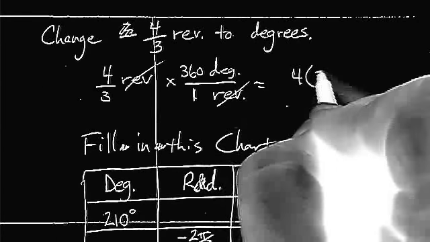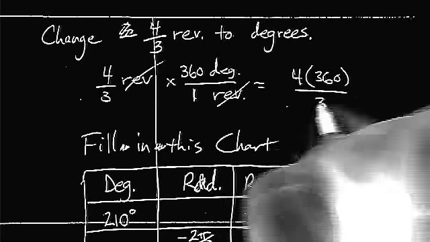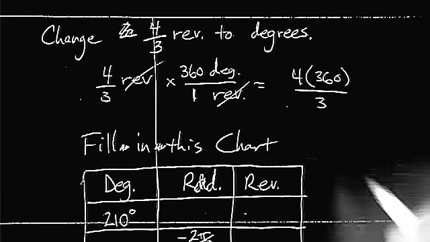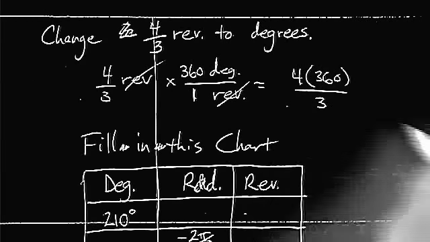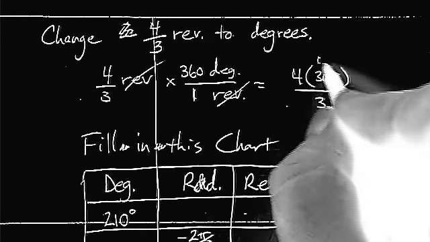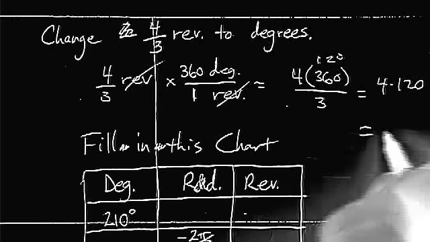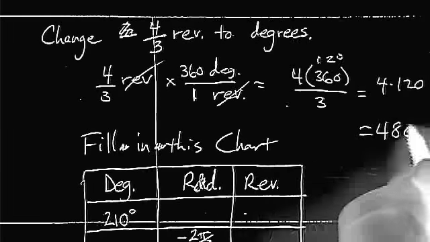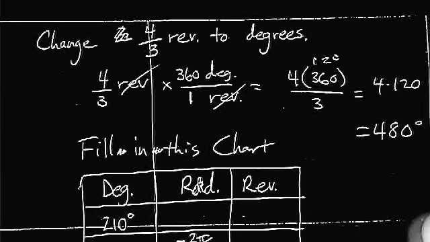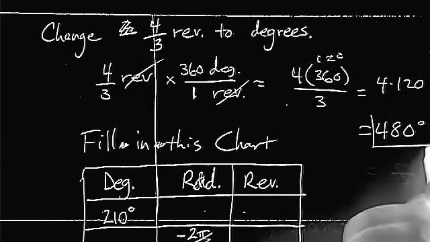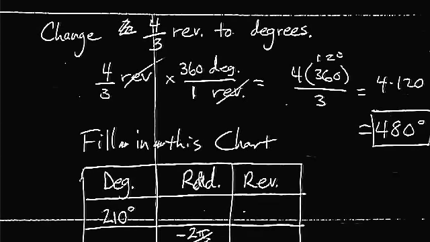Now we need 4 times 360 divided by 3. Well, 3 goes into 360 1, 2, 0. So this is 4 times 120, which is 480 degrees. Fairly hot angle, I might add. Okay, you might burn yourself on that one.